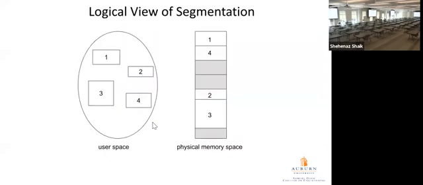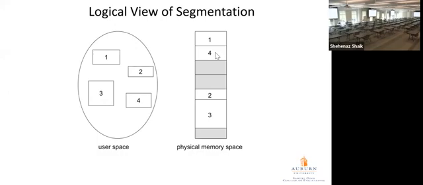Okay. So let's say we have all these different components of a particular process. It is not always required that all these 4 blocks, for example, we do not really expect that the memory is located in one specific chunk for this particular process as 1, 2, 3, and 4, so that all these 4 modules can be placed in contiguous locations in memory.